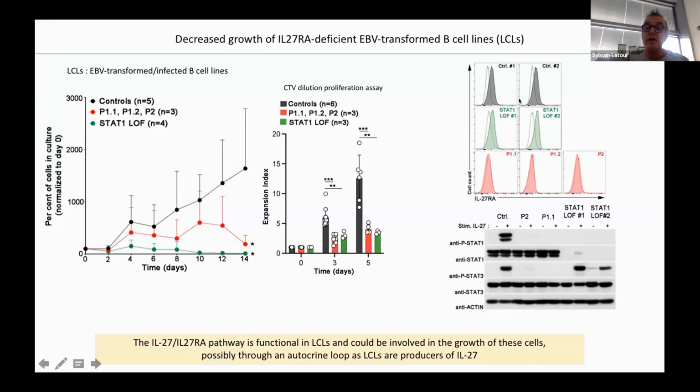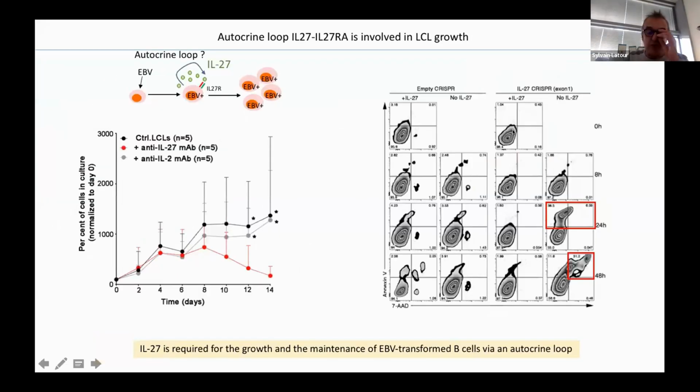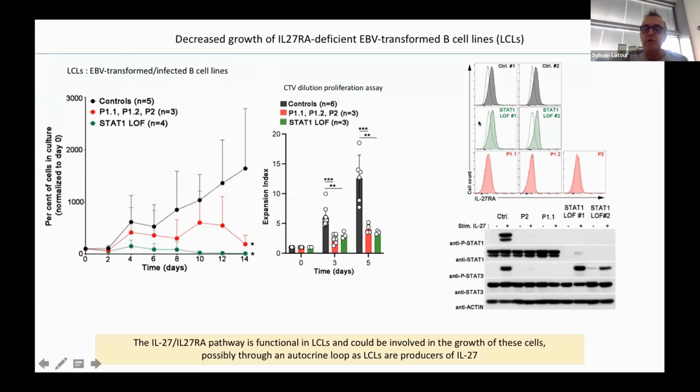Interestingly, control LCL express a significant amount of IL-27 receptor at their surface, and when you stimulate the control LCL with IL-27, you induce a nice phosphorylation of STAT1 and STAT3, meaning that this pathway in normal transformed B cell lines is active and functional.